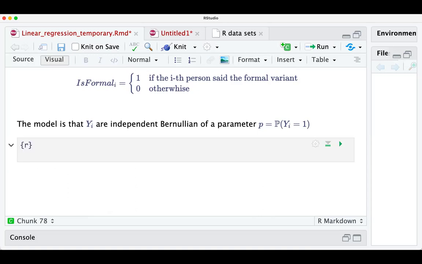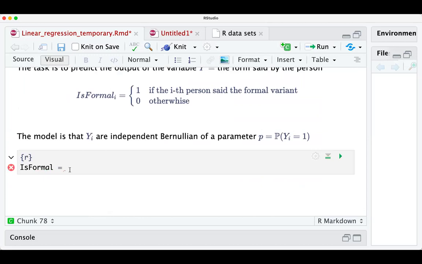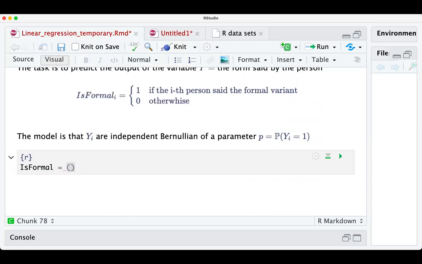So how to do it? is_formal is equal to, here we have a factor. If I write something like form equal to dialectical, what do you think it will give me, the computer?